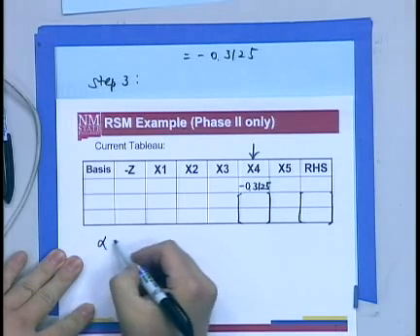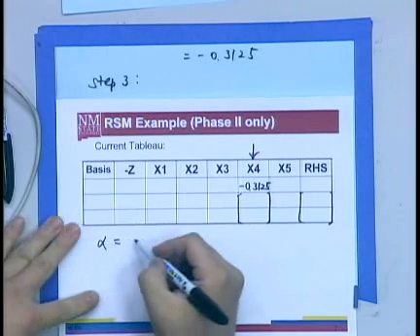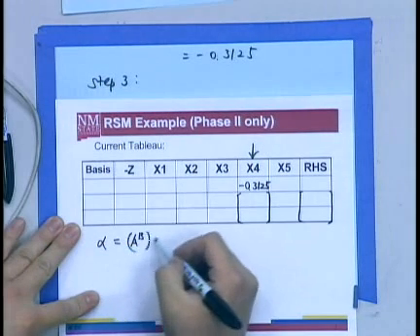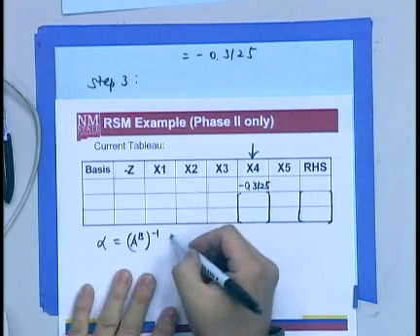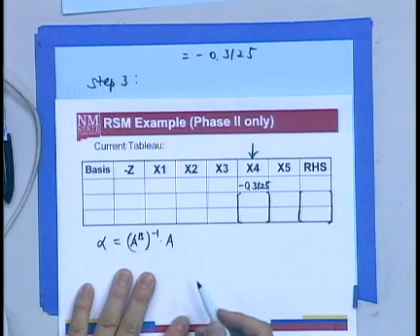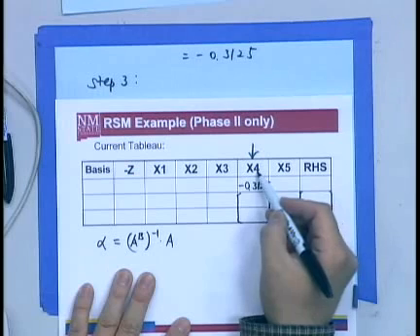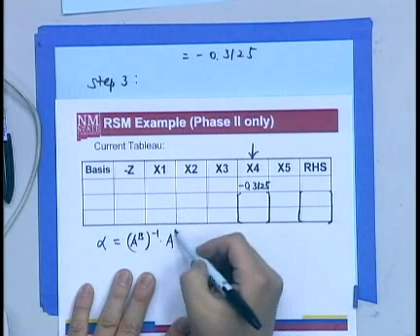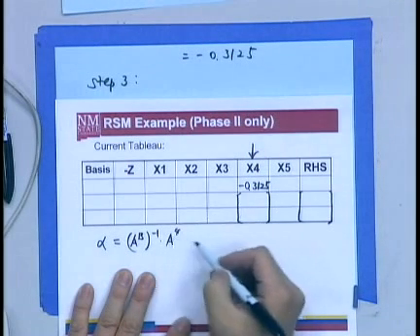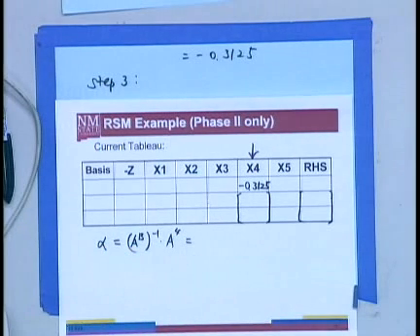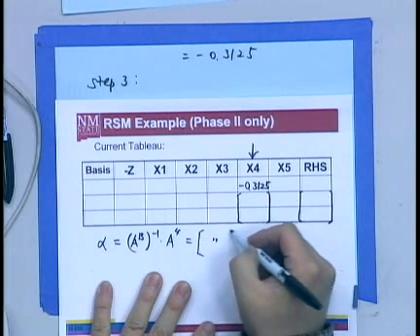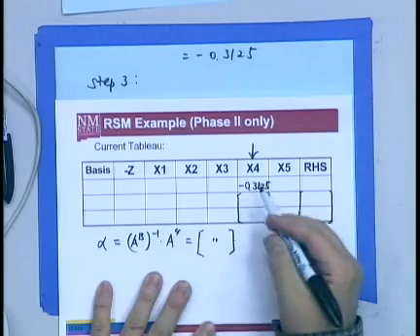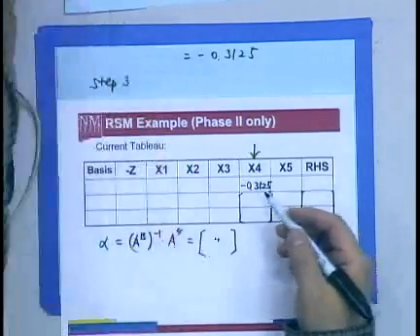First, the substitution rate, alpha, can be obtained by basis inverse matrix times constraint coefficient corresponding to this entering variable, right? So we have the basis inverse matrix right here. And what is A4?